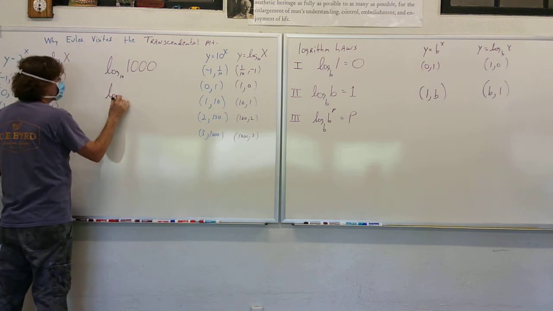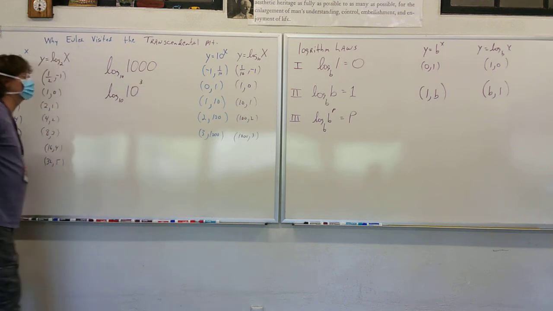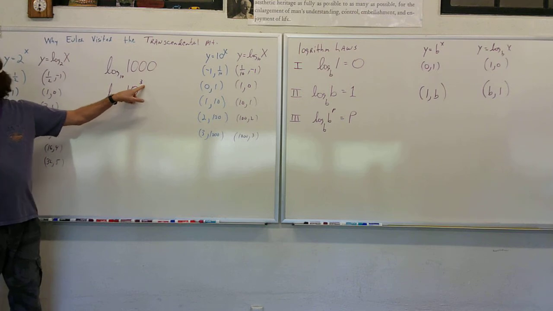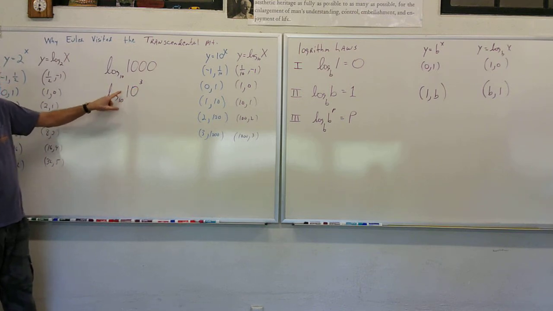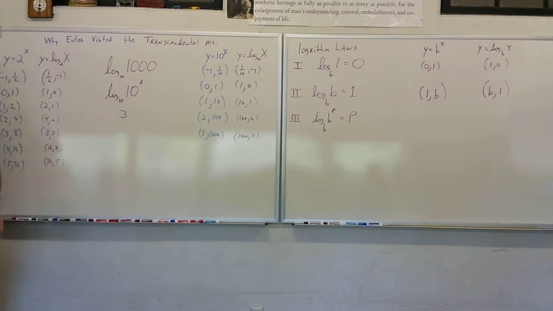What your chemistry teacher's doing in their head is they're doing that. That's 10 to the what? Third. And I've just told you if you have log base b of b raised to a power, it just equals that power. Okay. Is that all right?